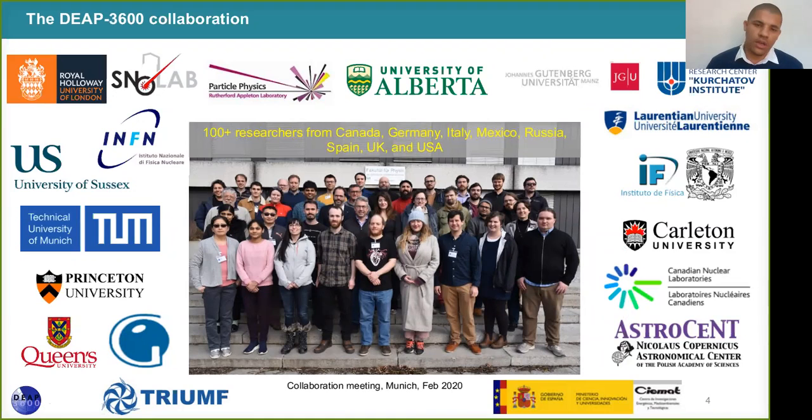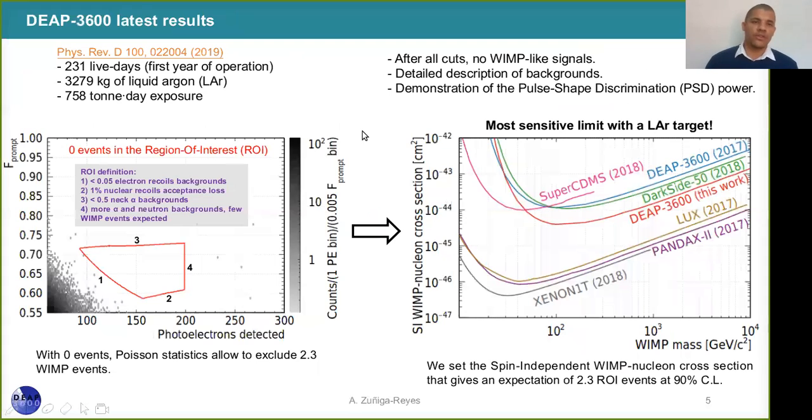This photo is from the last collaboration meeting in Munich this year before the COVID situation. As I mentioned, last year we published the results corresponding to the first year of operation, 231 live days, using this mass of liquid argon, which gave us an exposure of 758 ton-days.